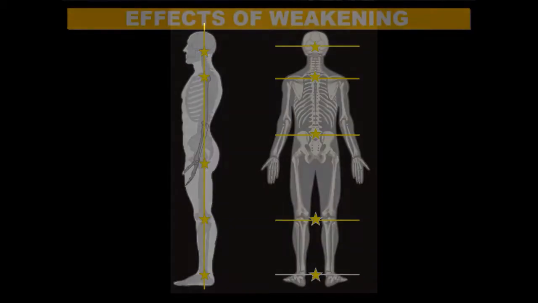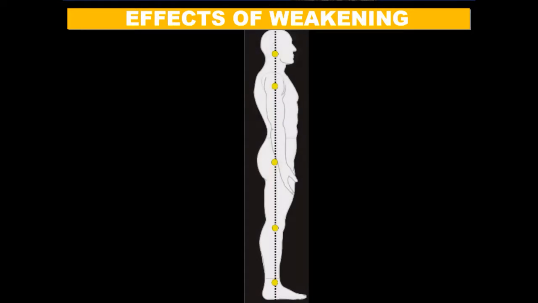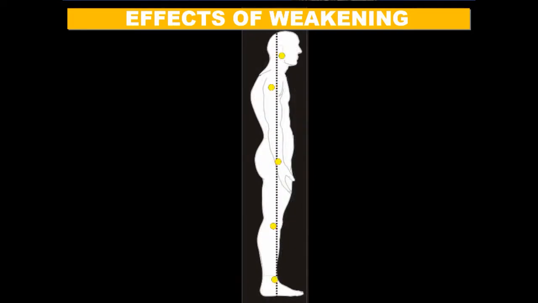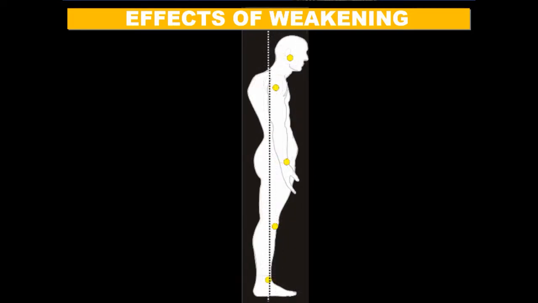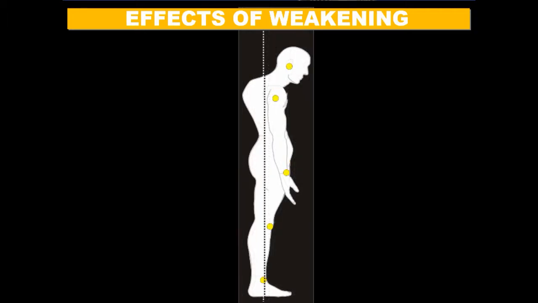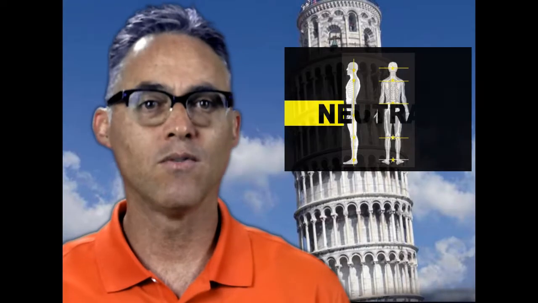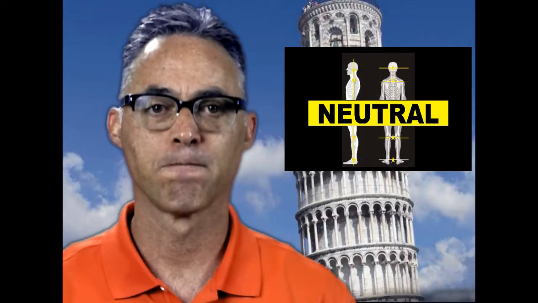When we move away from neutral, our body will have to compensate, many times with devastating structural changes that happen over time. So, deviations from neutral can help to identify areas that are compromised, as well as overall structural health and strength.